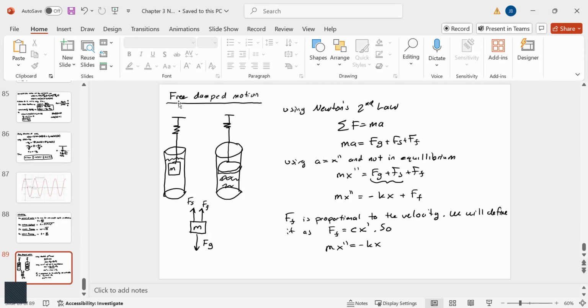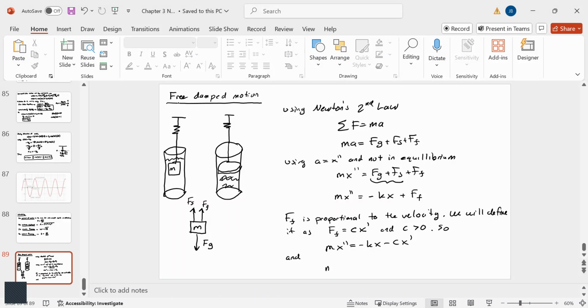Now, because it's going upwards, it's going to be minus c x prime, like that. So notice that we have that. Also note that c will always be positive. We always define it as a constant of proportionality that's positive, so it's greater than zero. So that's our equation.